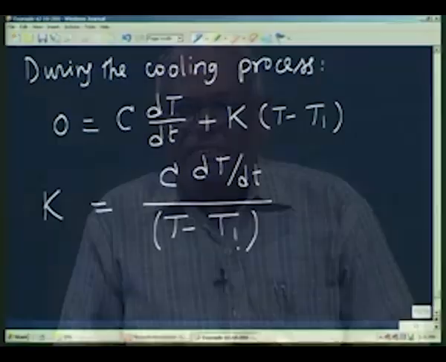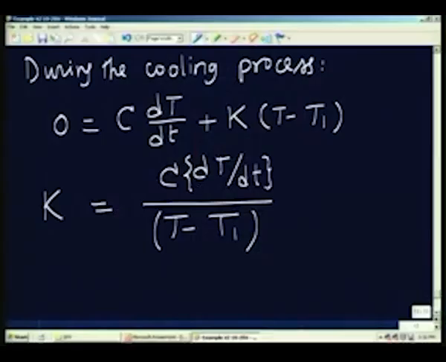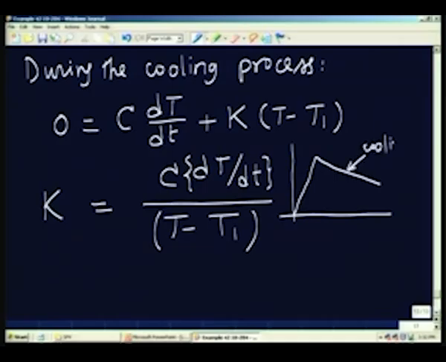So, during the cooling process, I will determine the slope of that line. If you remember, during the cooling process, this is what is happening, this is the cooling part. If I choose any point here, this is the value of T, and if I draw a tangent line, that is the slope.